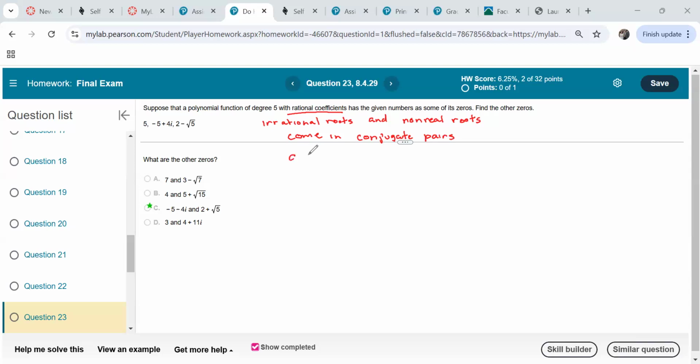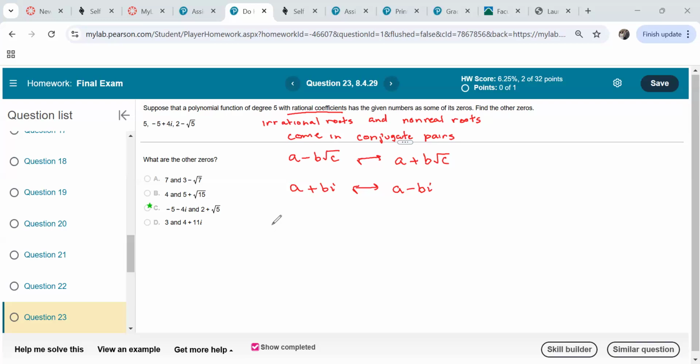So that meant if I had an a minus b square root of c, I also would get the root a plus b square root of c. If I had a plus bi as one of my roots, there was a root that was a minus bi. So they came in conjugate pairs.